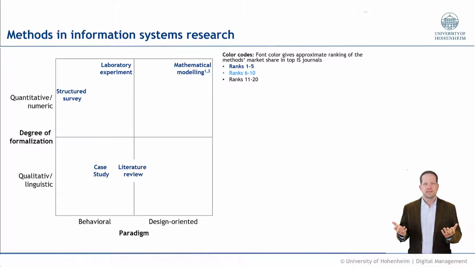To round up this set of the top 5 methodologies in information systems research, there's the literature review. This is research that is based mainly on the review of existing literature in a rather qualitative analysis style. We'll come to more quantitative-oriented literature analysis later on. Now we're in the rather qualitative literature analysis for the moment.